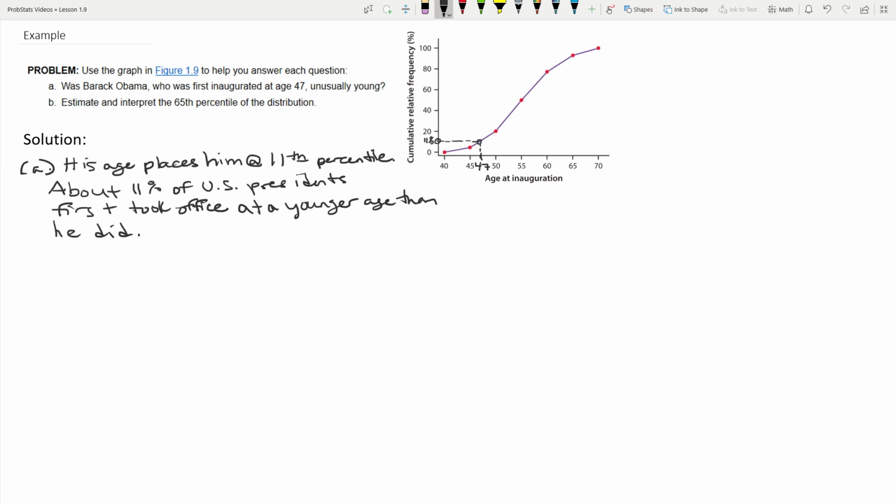So he was fairly young in this case. If he's at the 11th percentile, he's at the lower range for the ages, right? So he is fairly young, or he was fairly young. Relatively.